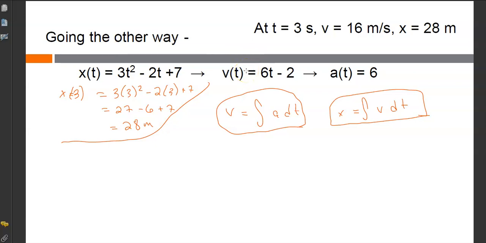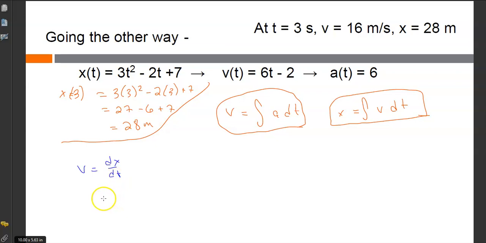Now, if you want to see the gory details of that, it looks like this. Let me just write the derivative. When we said that velocity was dx/dt, okay? People play fast and loose with these differentials dx and dt.